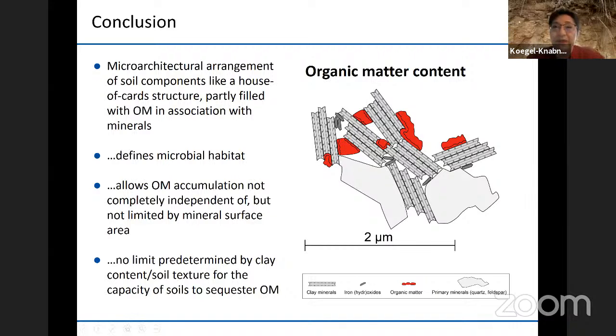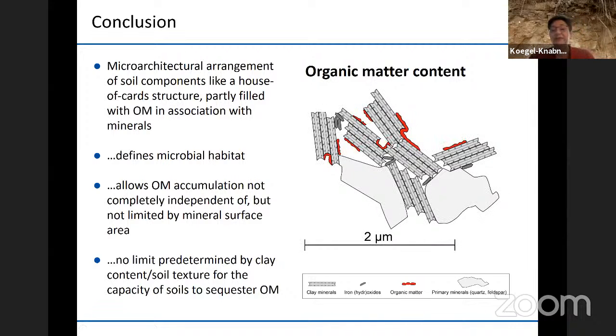And this would explain why we, of course, find a relation between mineral surface area and organic matter accumulation in soils, but very often these relationships are quite weak, and other parameters come in, and we think this is one explanation why this could be the case.